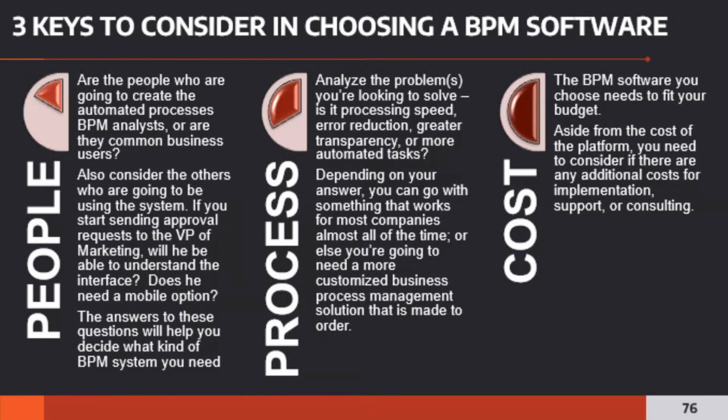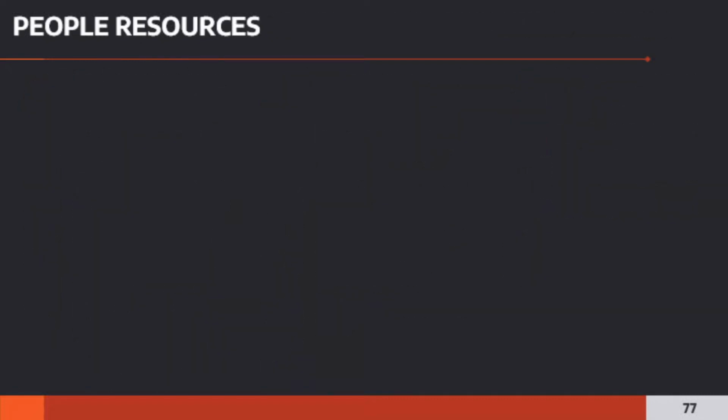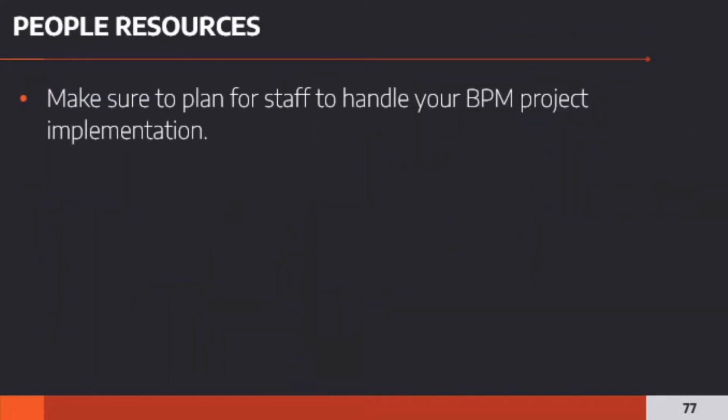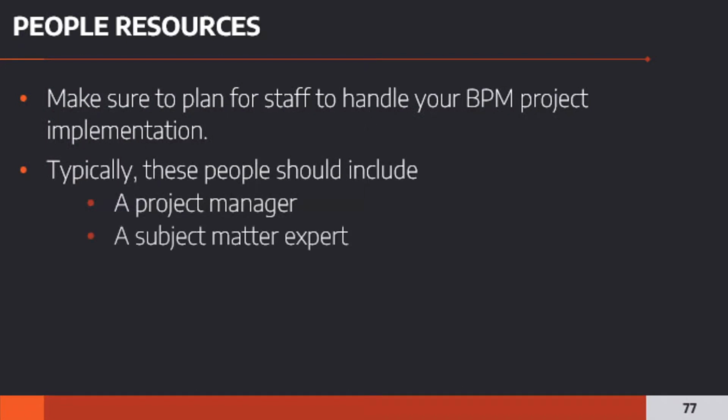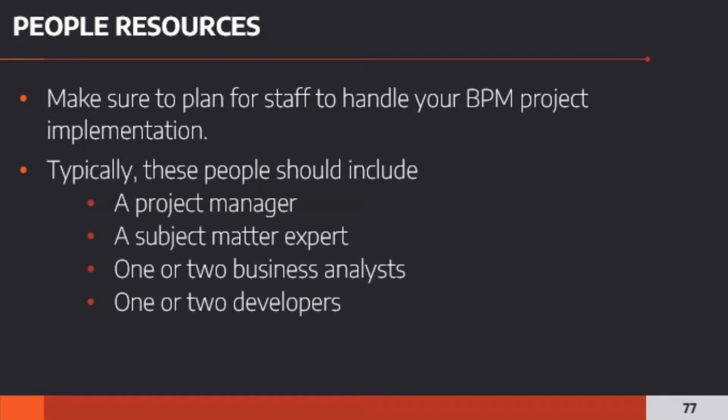Right. From software, we go to people resources. For people resources, make sure to plan for staff to handle your BPM implementation. Okay, simple as that. Plan your staff. Typically, these are the people that should hold your BPM project.